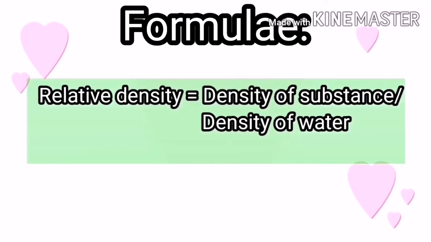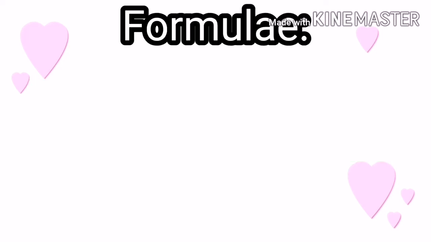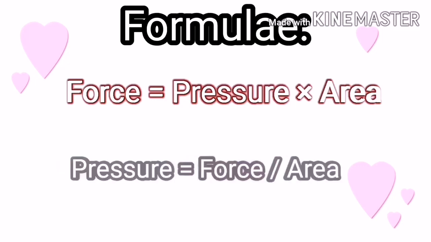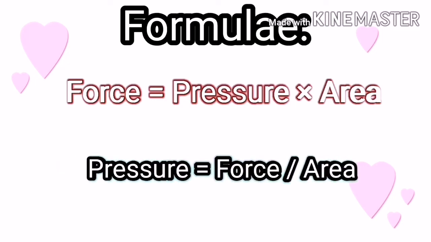The second formula is relative density equals density of substance upon density of water. The next formula: we know that force equals pressure multiplied by area. With the help of this formula, we get another one: pressure equals force upon area.